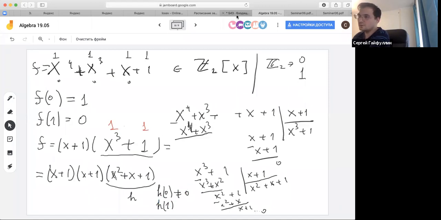Of course, it is equal to 1, and this is not a root. So h has no roots, so it's irreducible, and the answer is (x plus 1) squared multiplied by x squared plus x plus 1.